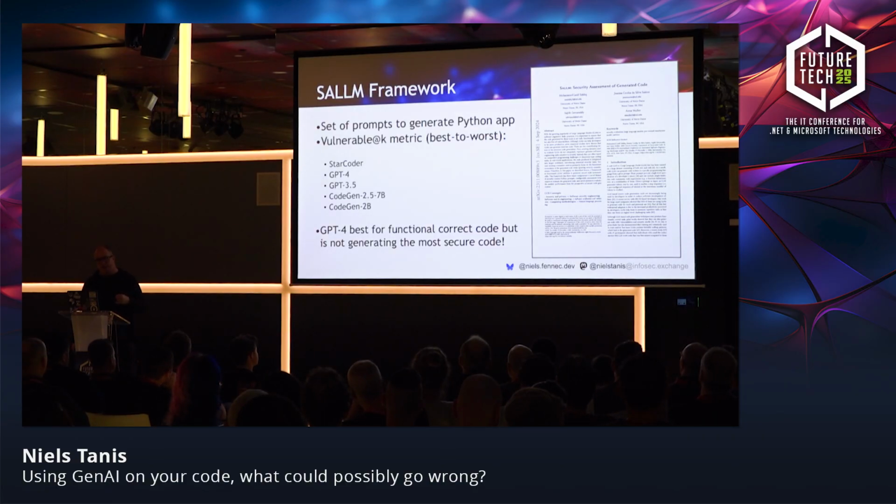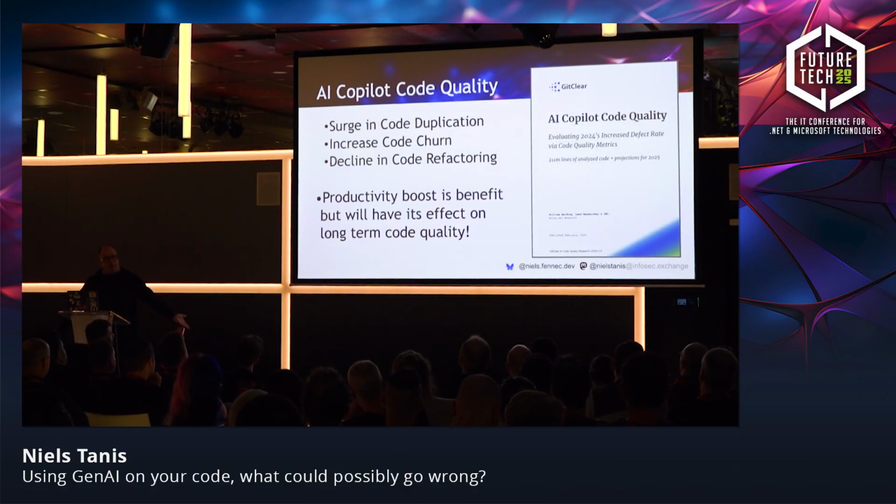But that's the thing. And then getting to code, as I said, all of it ends up in code that we use. This is a paper that was published in February. I was really happy to see this one, because it extends the story that I'm talking about right now. This is a company called GitClear, and they did metrics on 211 million lines of code and looked into how people work with that source.